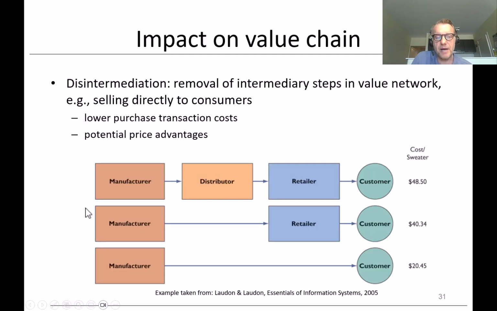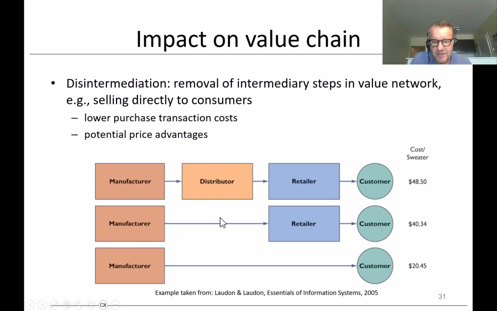So here Nike is the manufacturer, then the distributor, the retailer. Well, this was the traditional chain, and the cost for a Nike sweater, let's say, was $48.50. But because of the internet, because of e-business, because of the fact that Nike is now capable of directly selling its products online, it can gently move away some of these intermediaries, disintermediation.